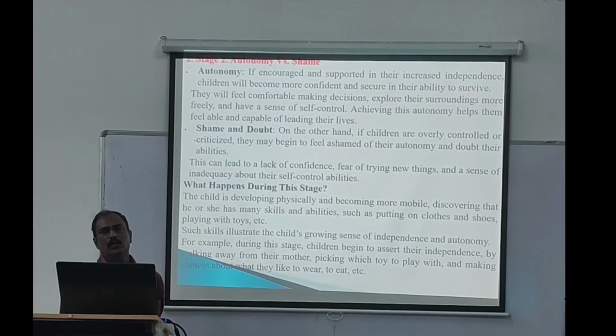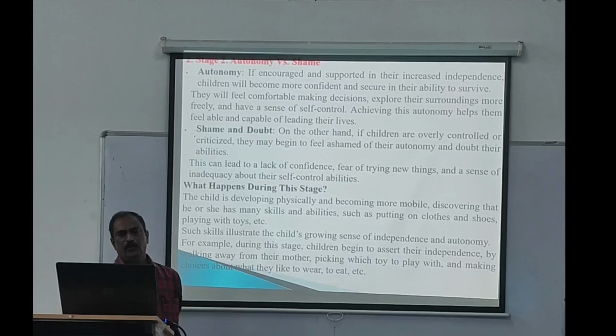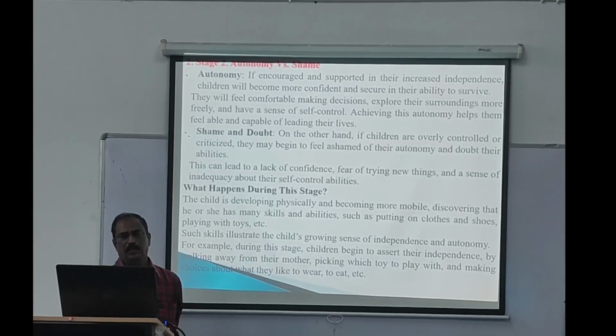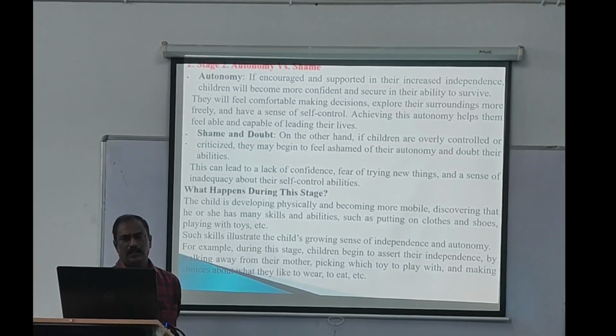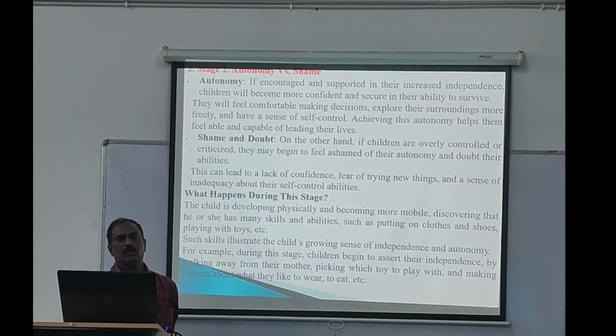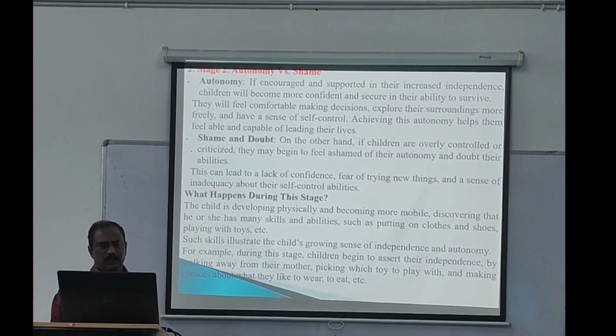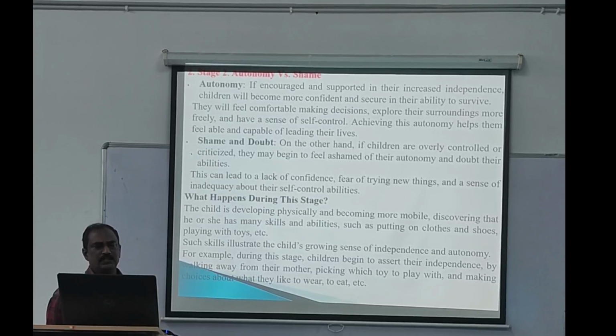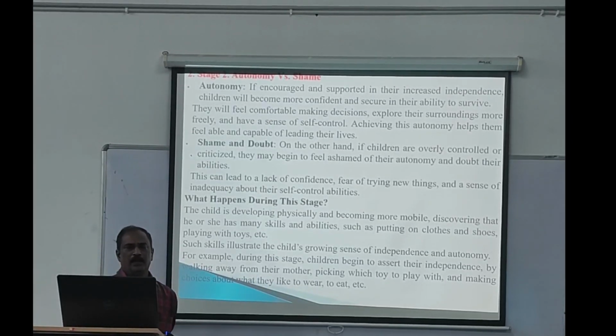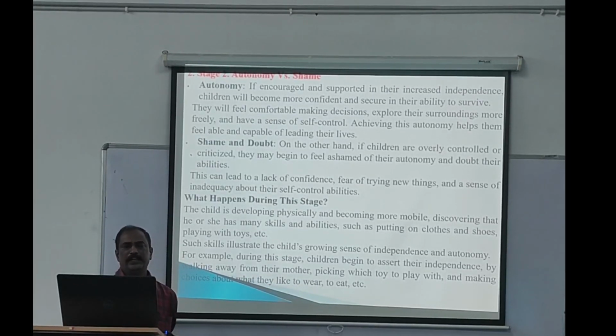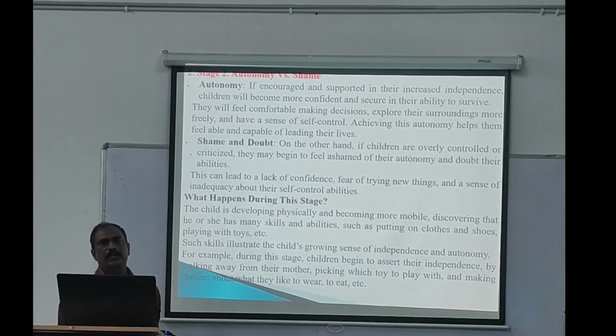You need not control them. If you encourage and support at this age, increased independence and self control automatically develop in the child. Achieving this autonomy helps them feel able and capable of leading their lives on their own.